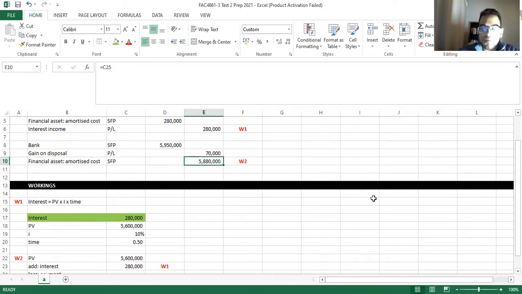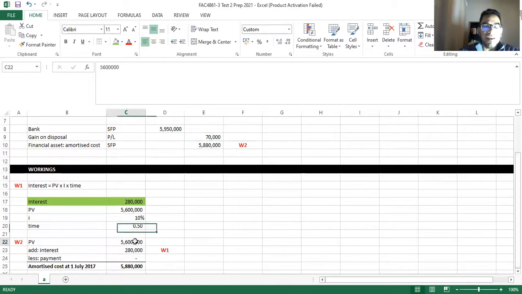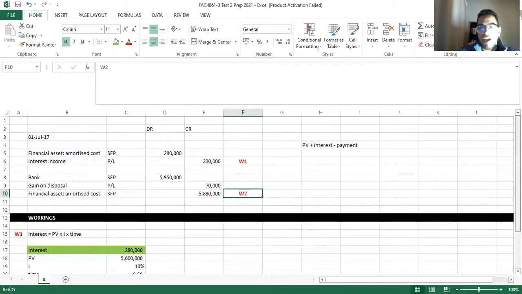Amortized cost is the present value at the beginning of the year, plus interest for the period, minus payments for the period. And any difference between the two is a gain or loss, and that goes through profit or loss. So that is 5 marks.